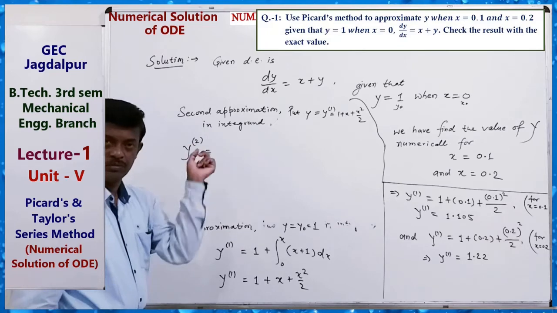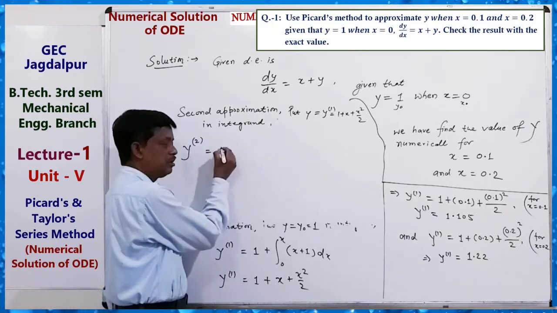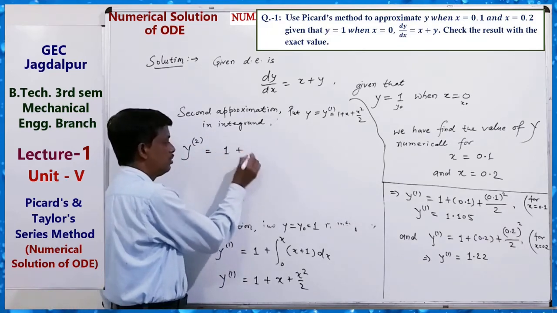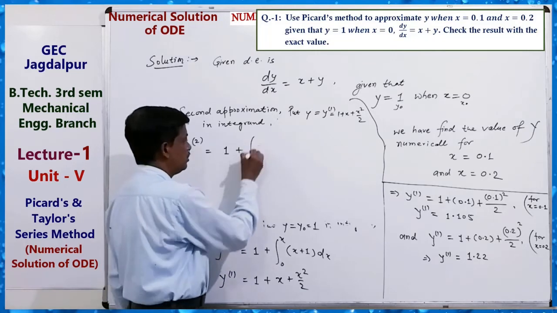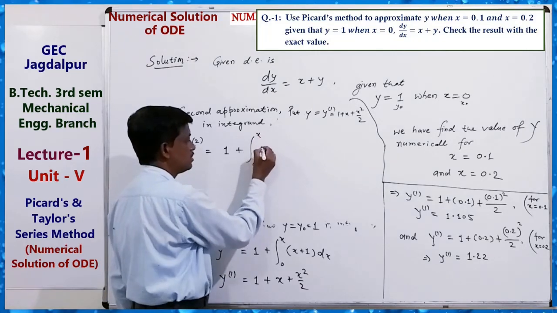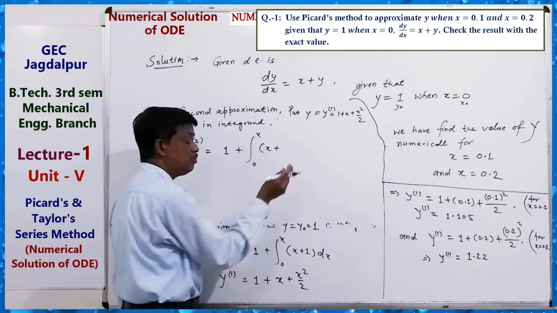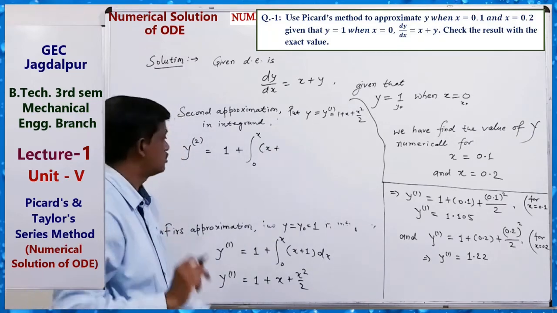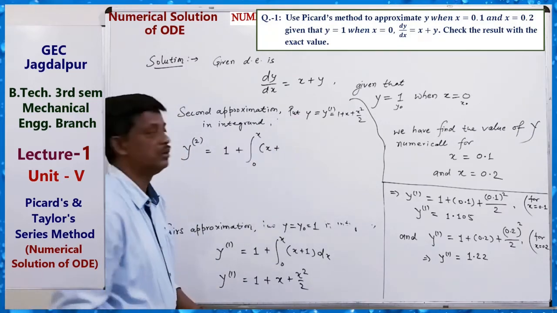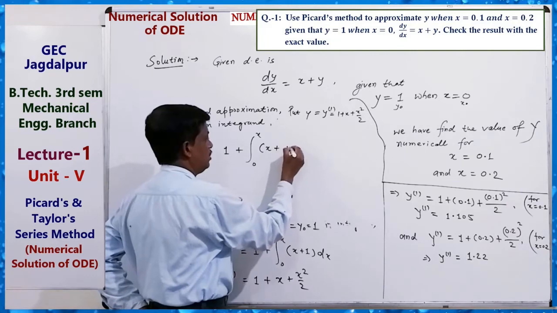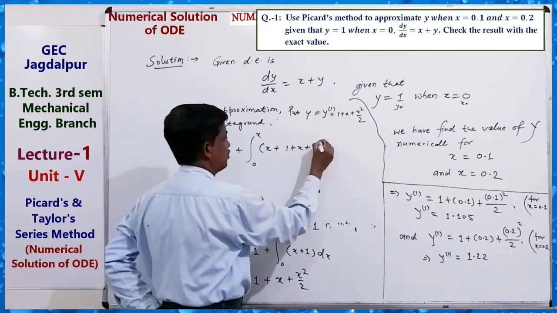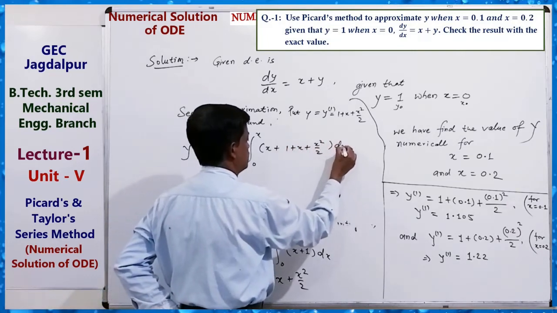From the main formula, we get 1 plus the integral from 0 to x of, in place of y, just write y1, that is 1 plus x square by 2, dx.